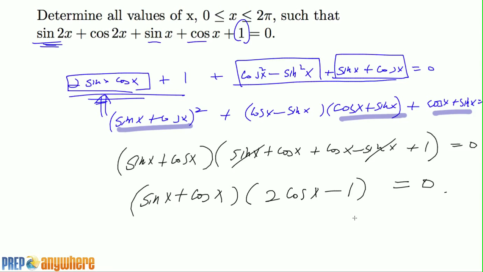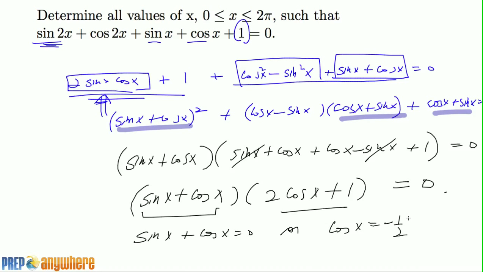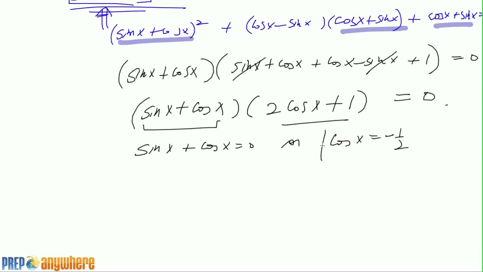Yes, plus 1. So this is something we can work with. Right, that's equal to 0. So sine x plus cosine of x equals 0, or this is equal to 0, which is cosine of x equals negative half. Right, this is something obviously we can work with.